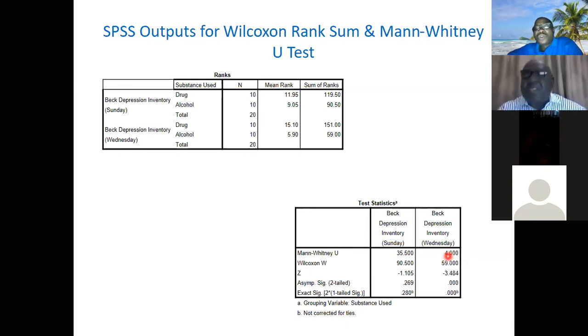Okay, the way you're going to say it is this: there is no statistically significant difference in depression between people on drug and alcohol, and I say P is 0.269.